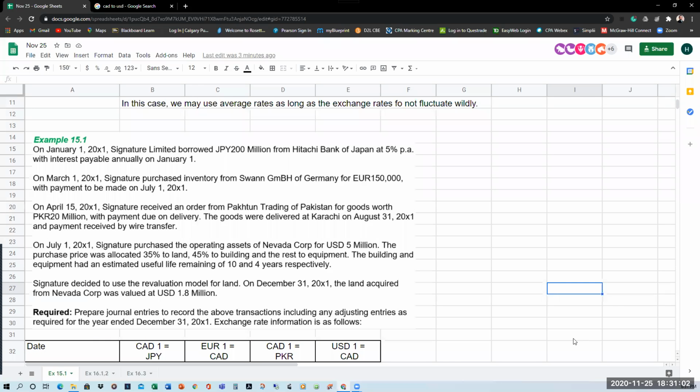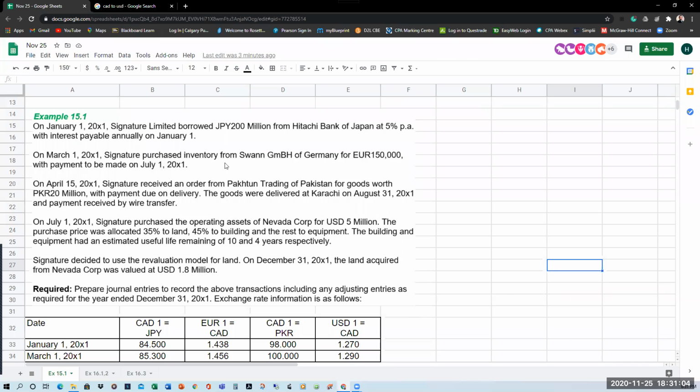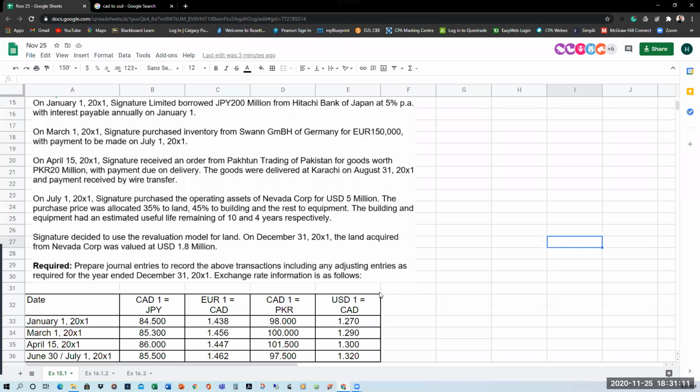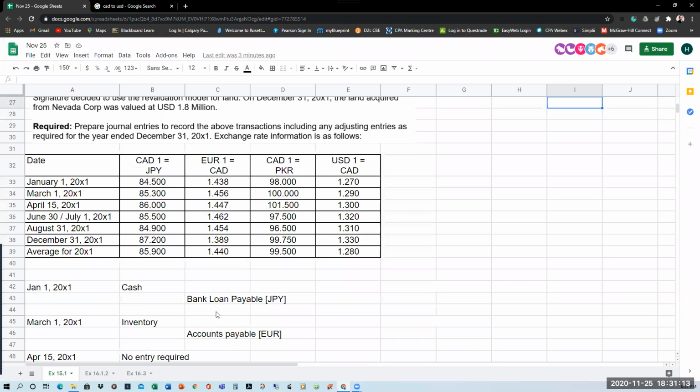The only thing is that because the loan is in yen and Signature is a Canadian company, Signature cannot debit cash, credit bank loan and type in 200 million, because the 200 million is in yen, and being a Canadian company, the unit of accounting for them is the Canadian dollar. So they have to convert the 200 million Japanese yen into equivalent Canadian dollars.